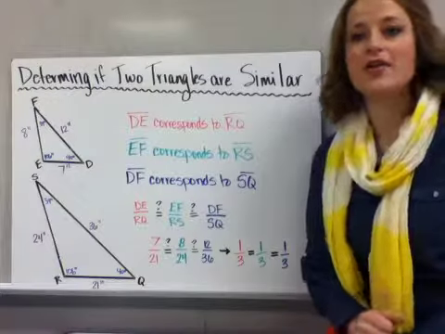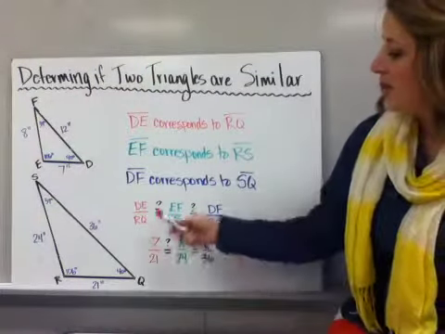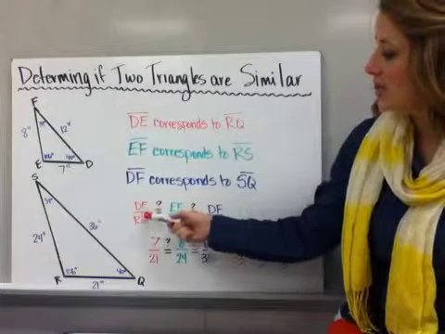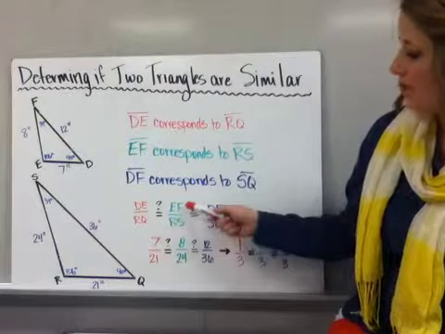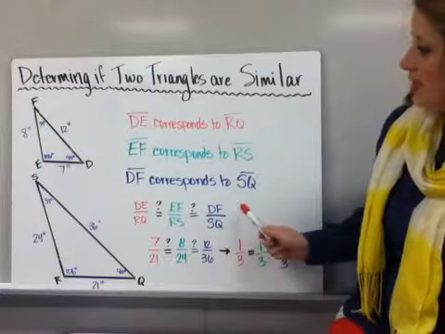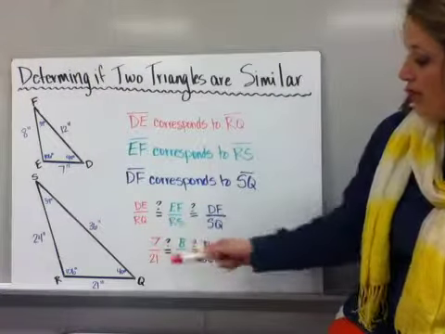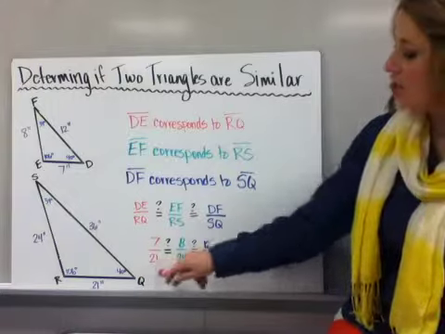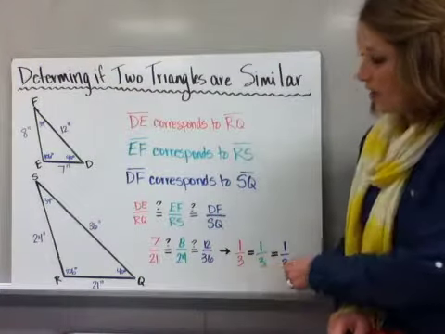I tried to color code them for you so that you could easily match them up. The side length for DE is 7, RQ is 21, EF is 8, RS is 24, DF, the right side, is 12, SQ, the right side, is 36. Each of those ratios, if you simplify them down, are 1/3.